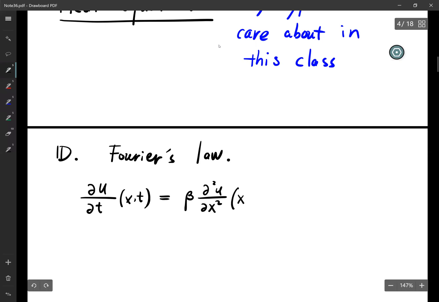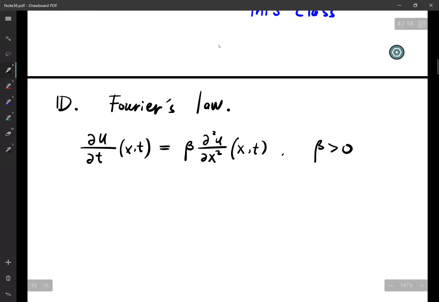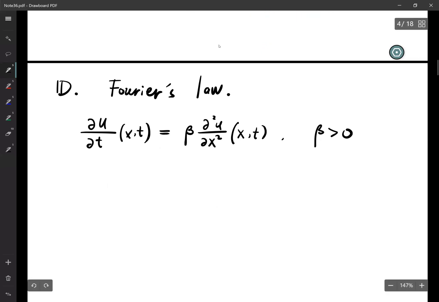On the right-hand side, it is a constant called beta times the second order derivative with respect to x. Here, beta is called the diffusion coefficient, and it is always a positive number. Later, we're going to see that the fact that beta is bigger than 0 is very, very important.